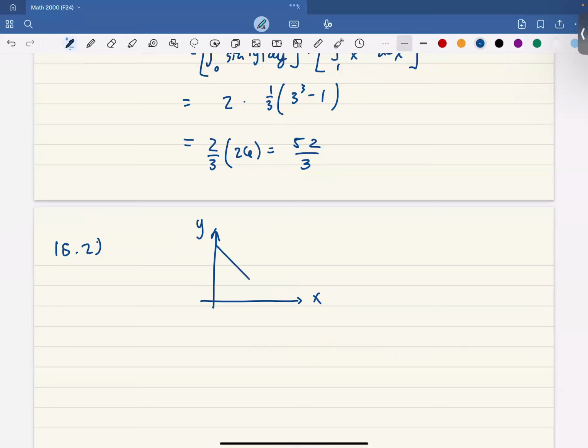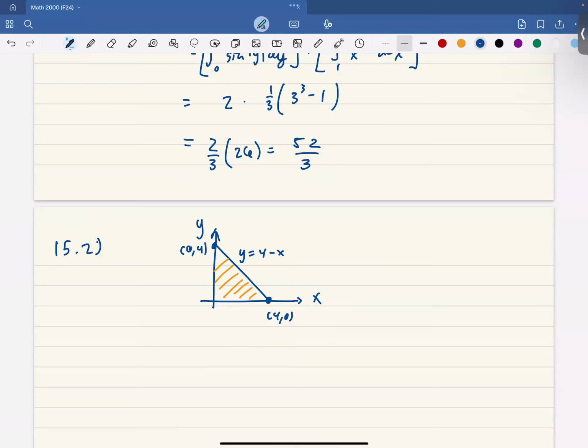This is the line y equals 4 minus x. This is the point (4, 0), this is the point (0, 4). And then we're going to integrate some function over that triangular region instead of integrating over a rectangle. So 15.2 is all about integrating over just general regions.